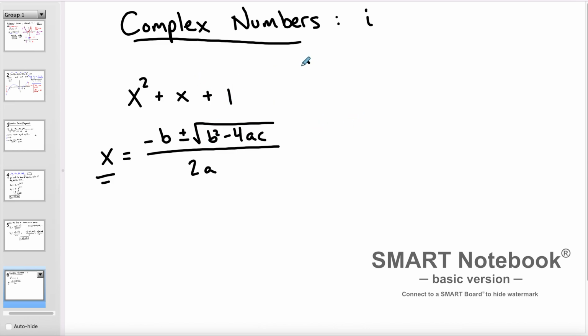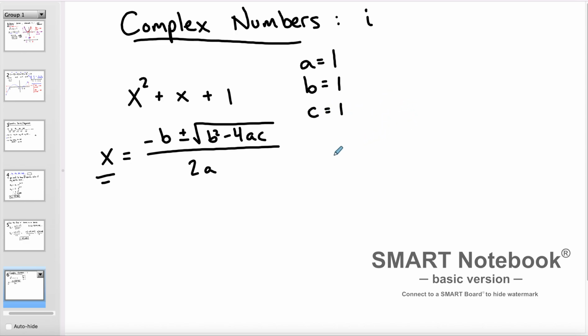So you can see a equals 1, right? There's an imaginary 1 here. b equals 1 as well. c, in this case, also equals 1, right? Maybe I should choose different numbers, but this is kind of the classic example.